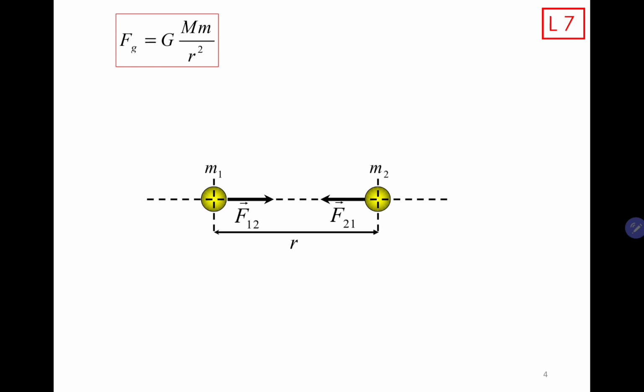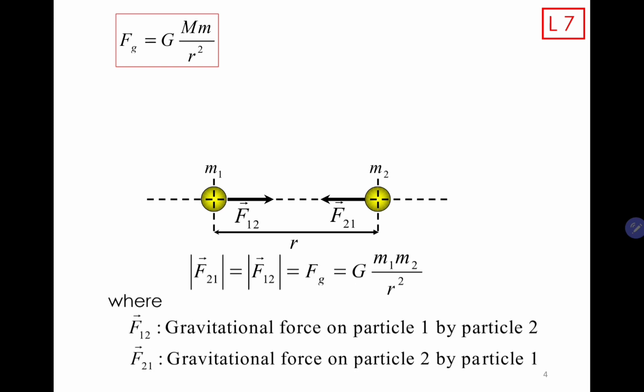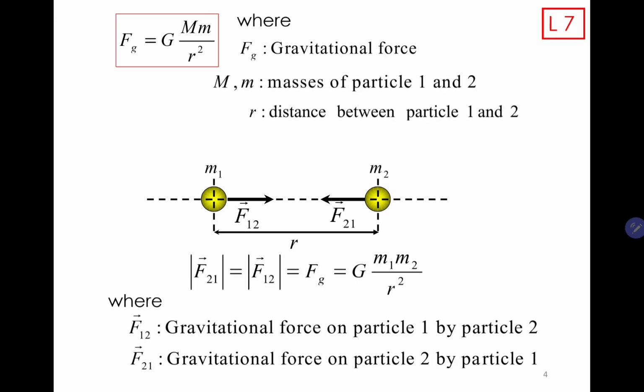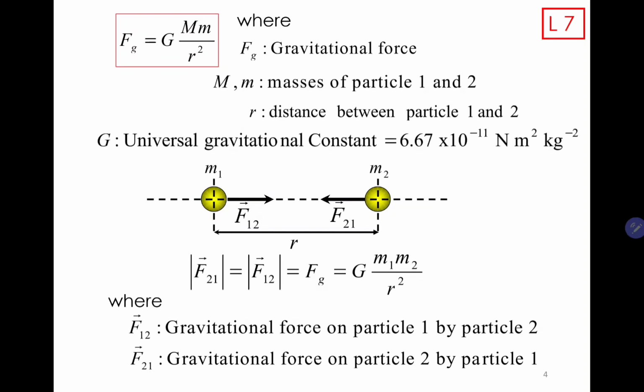According to the equation given just now, Fg, the gravitational force, equals GMm over r squared. So what are G, M, m and r? We refer to the notes given.